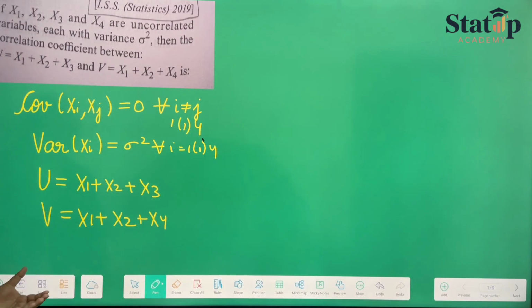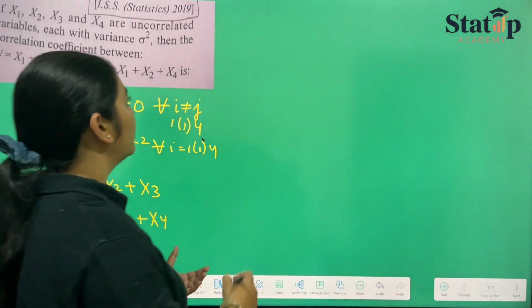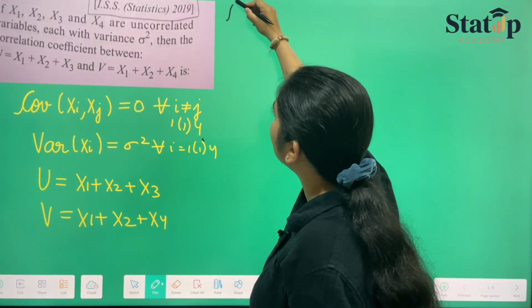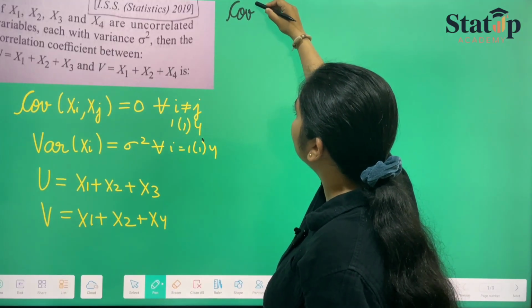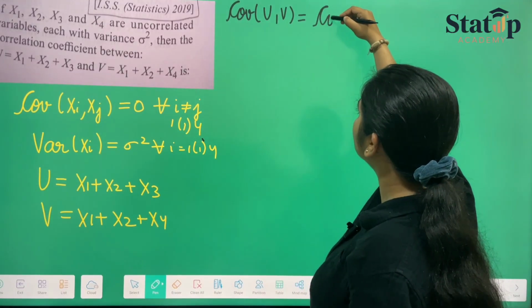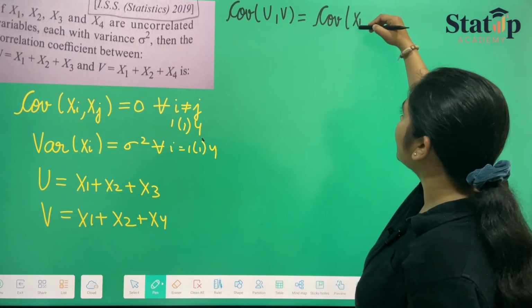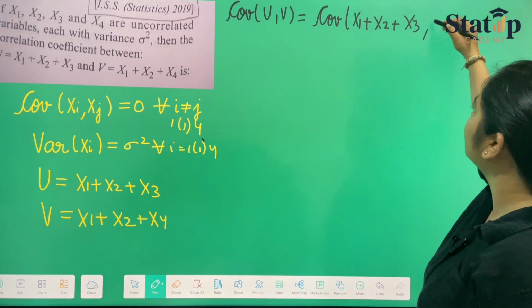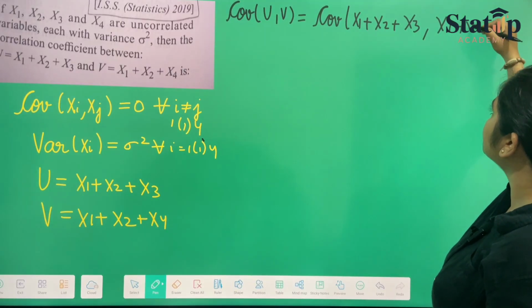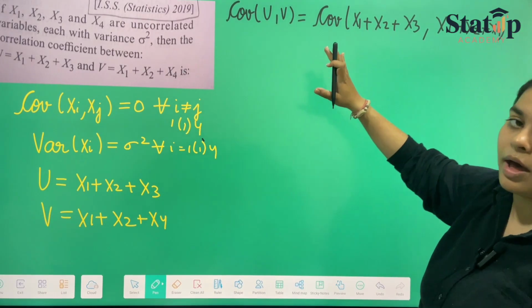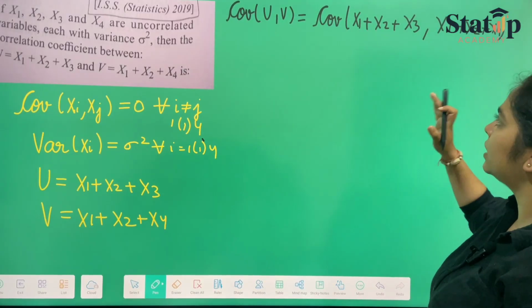Now for correlation coefficient, first of all we have to calculate covariance and variances. So let us first calculate covariance between u and v. It will be covariance of x1 plus x2 plus x3 with x1 plus x2 plus x4. So each one will be covariated with the next one.